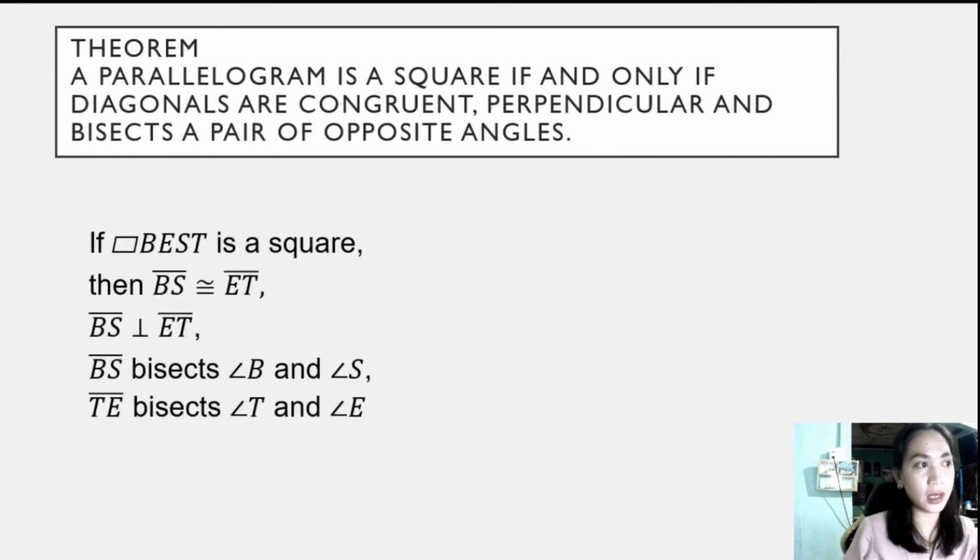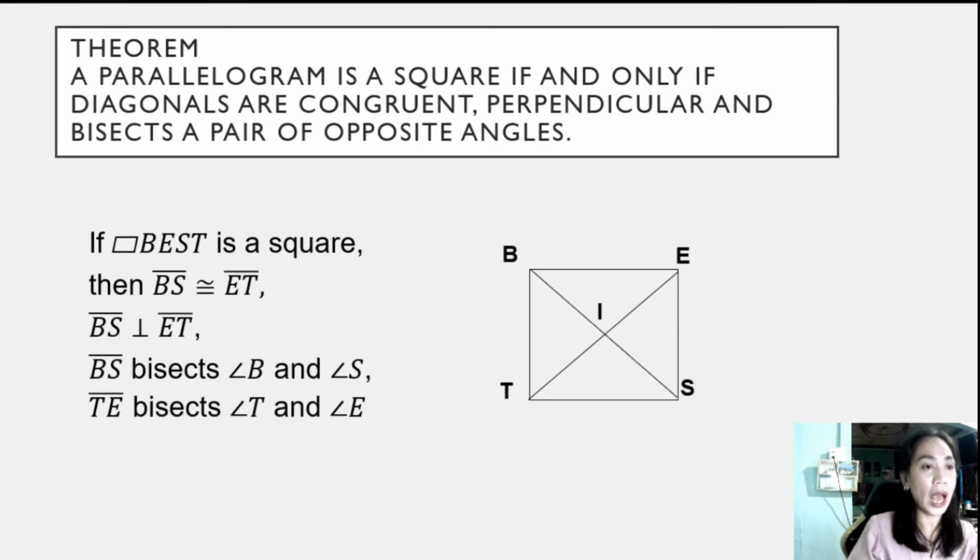So, if BEST is a square, then BS is congruent to ET, BS bisects ET, BS bisects angle B and angle S, and TE bisects angle E and angle T. Making the proof of this one, if you observe, everything we proved about the rectangle and rhombus is all here in the square. So this part I will leave as your task.